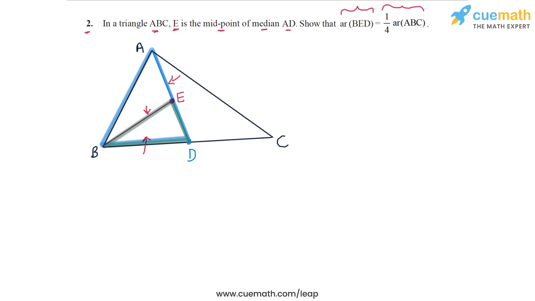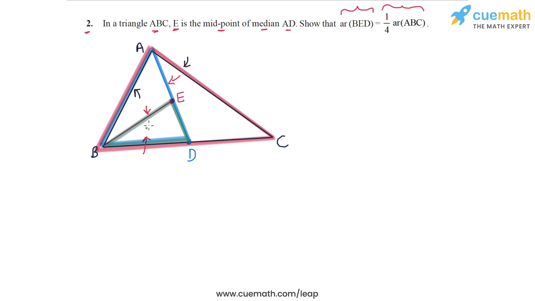And what this means is that BAD, the blue triangle that I have highlighted, will be half of, in terms of area, the area of triangle ABC. So let's highlight triangle ABC. So we have A, B and C. So the blue triangle ABD is half of the area of ABC.